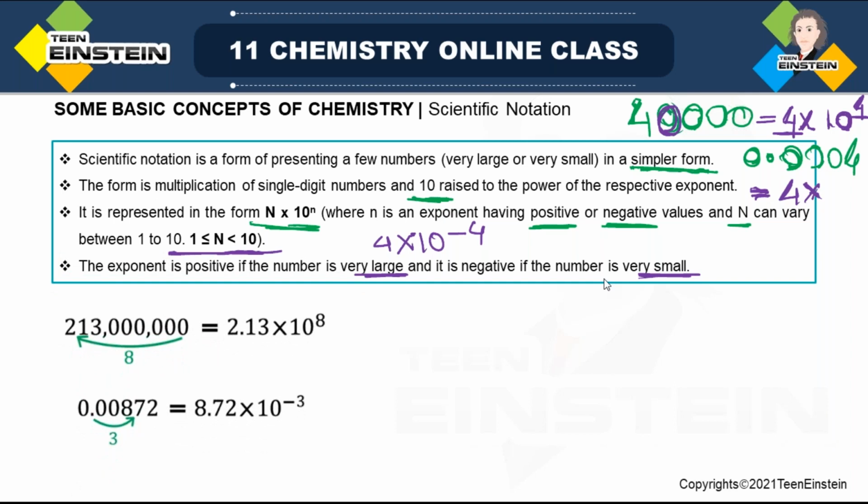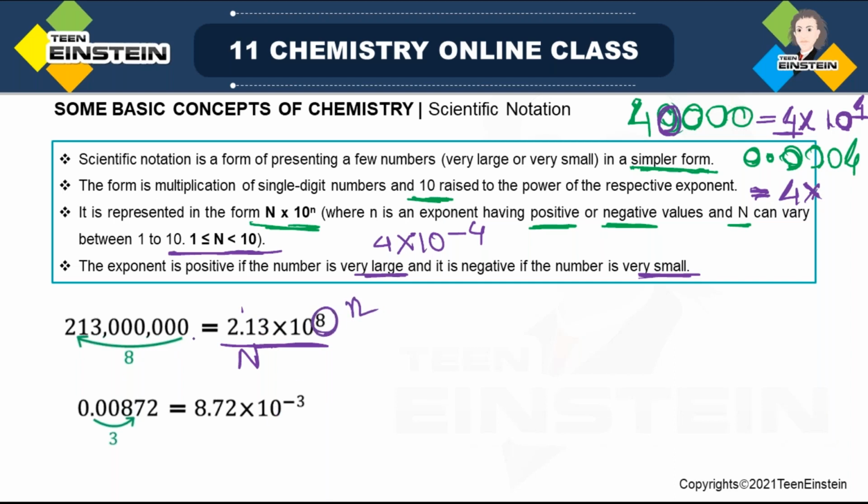So look at this example. Here we have this number very large, 213, then total 6 zeros are there. Now we can write it in this way. So here 2.13 is capital N, right? 2.13 is capital N and 8 is small n. Okay.